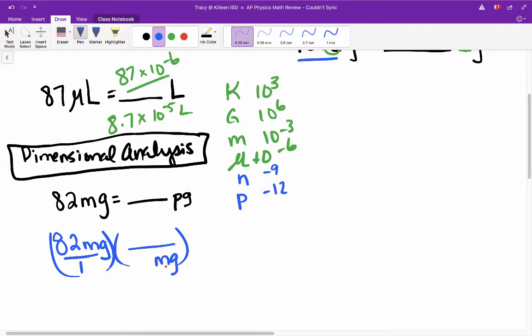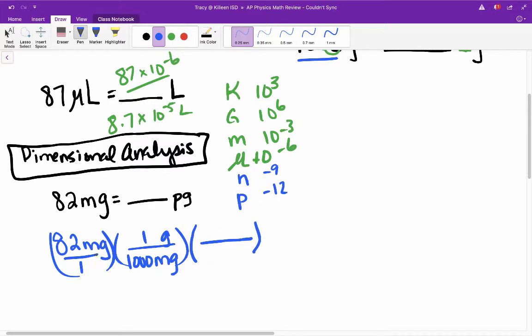But I don't know how many milligrams are in a picogram. I don't know that conversion factor on my own. But I do know that there are 1,000 milligrams in a gram, because I know that conversion factor, milli to base unit. And I also know that pico is to the 12th.